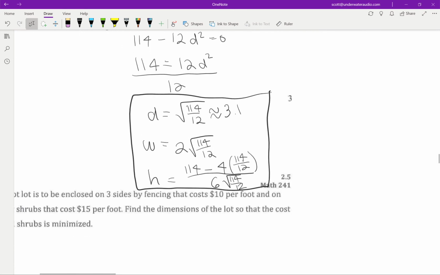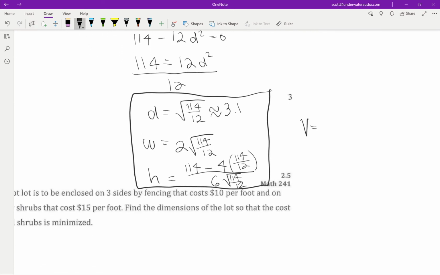So the way I would find the maximum volume is just by multiplying all three of these numbers together. Two times the square root of 114 over 12.